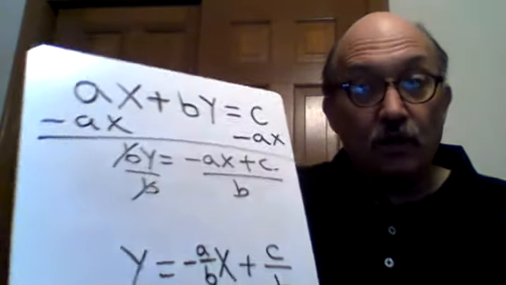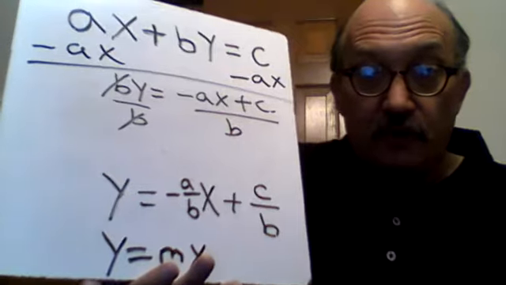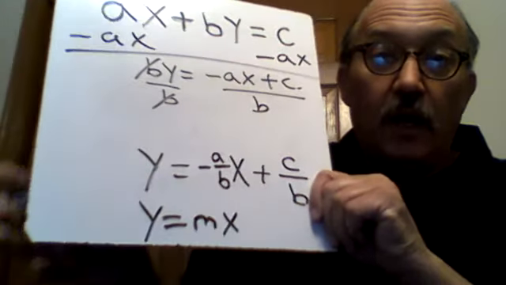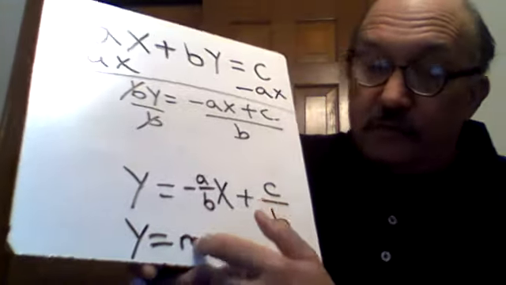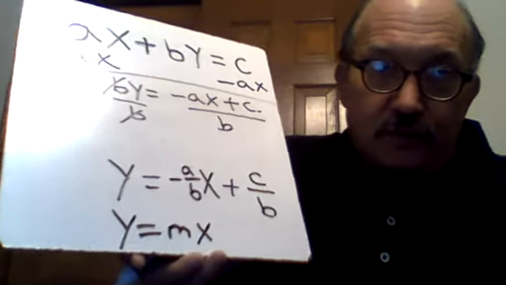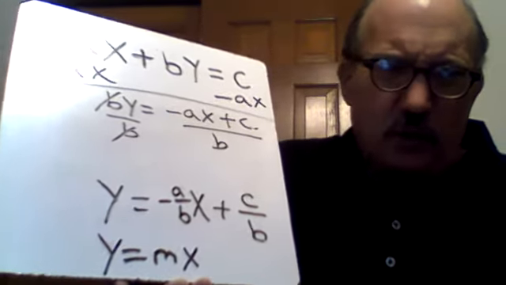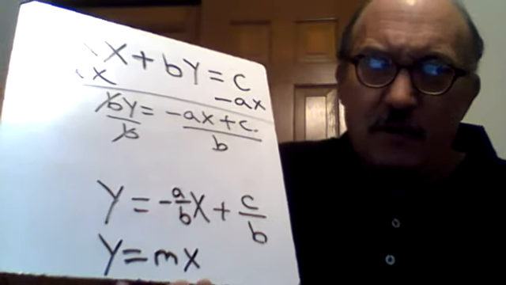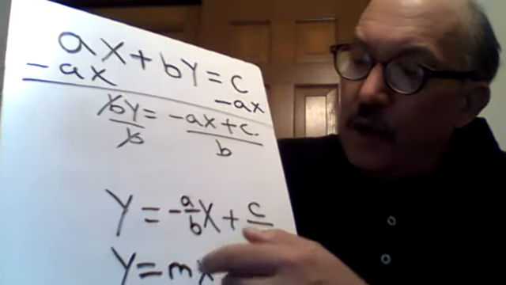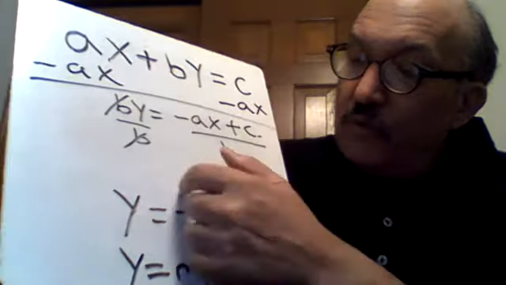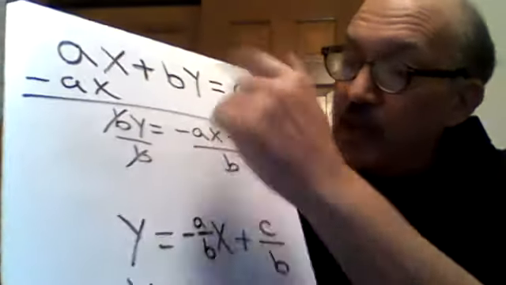And now, as I told you before, the textbooks, this m, by the way, is traditional, goes back decades, if not centuries, using m to stand for the slope of a line. Not sure why. Might have to do with some Latin word or something like that. But the m is equivalent to the negative a over b from up here.